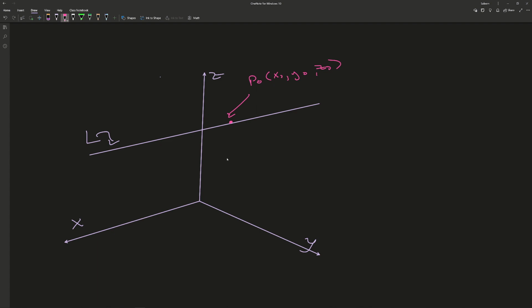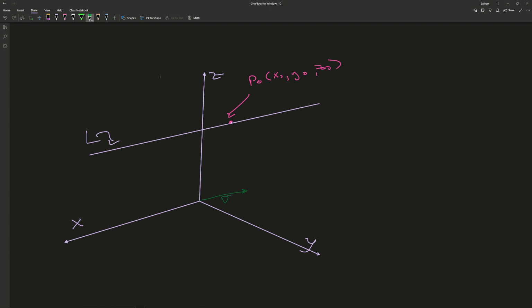So in 3D space, the direction of a line we conveniently describe to be a vector. Let's call the vector V. So let's draw a vector here, using a different color. We're going from the origin here. This is my vector V. And we're going to take another point on this line.